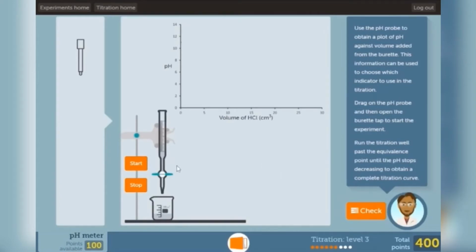Use the pH meter to obtain the value of pH against volume added from the burette. And then open the burette tap to start the experiment. Run the titration well past the equivalence point until the pH value stops decreasing to obtain a complete titration curve.